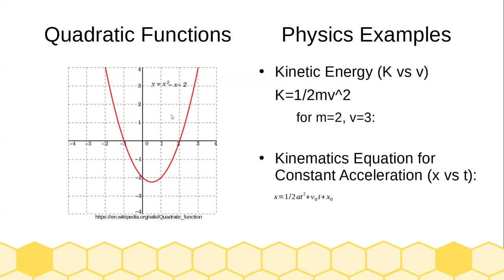So the second type of function that we're going to talk about is the quadratic function, where the dependent variable depends on the independent variable to the squared power.